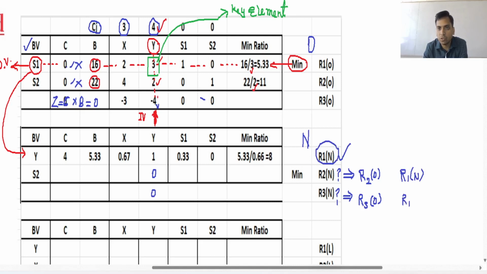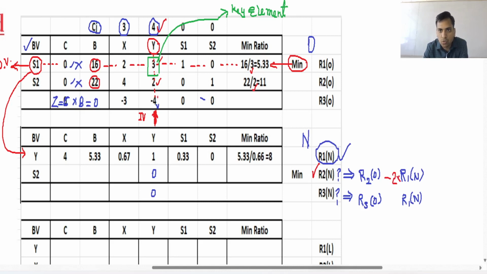Now we will create the relationship. First, to find R2 new: in R2 new we have one value, 0. For the corresponding location the old value is plus 2, so we will write minus 2 inside it.